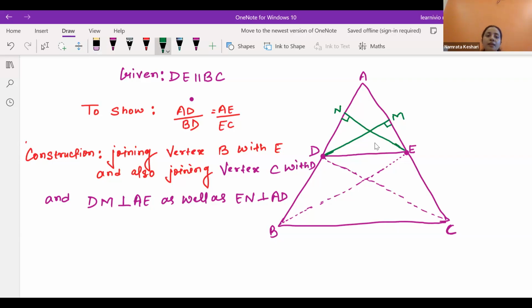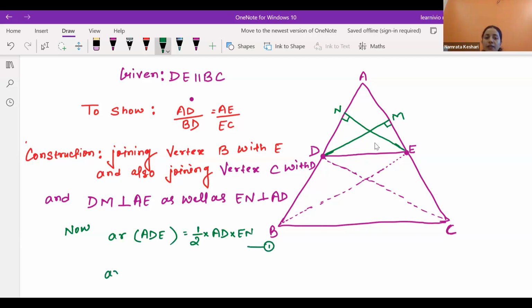So we will be taking the area of triangle ADE. Is it making sense? Yes, ma'am. Half into base, base is AD, into height. On this base, there is a height EN. That is equation number 1.